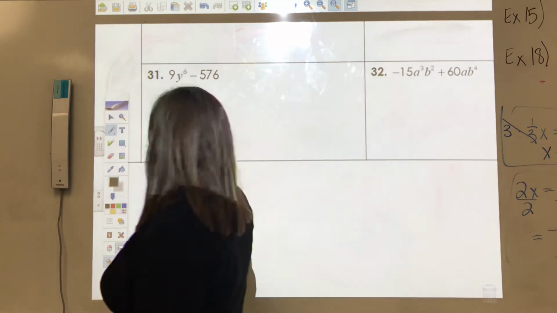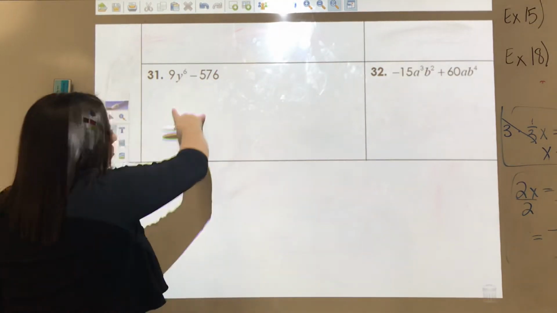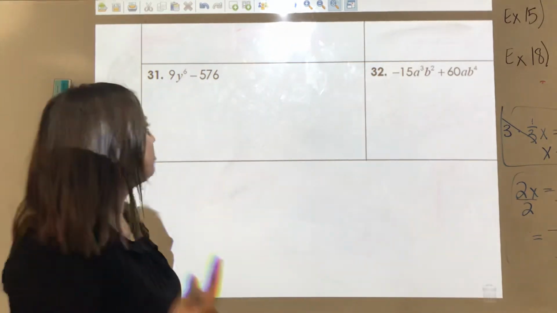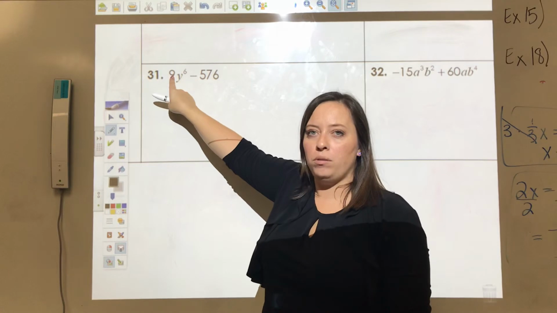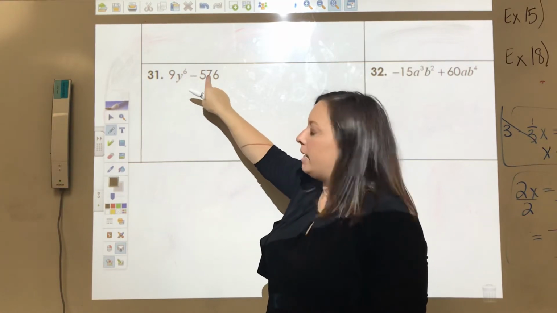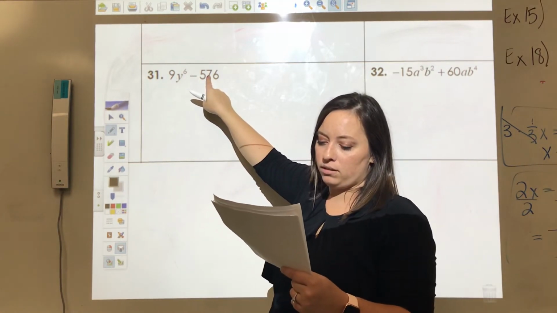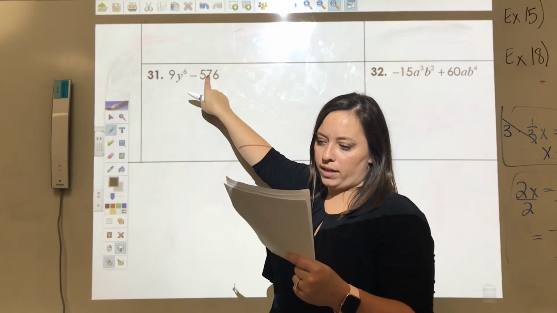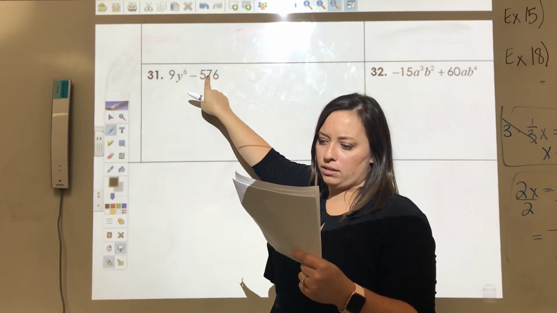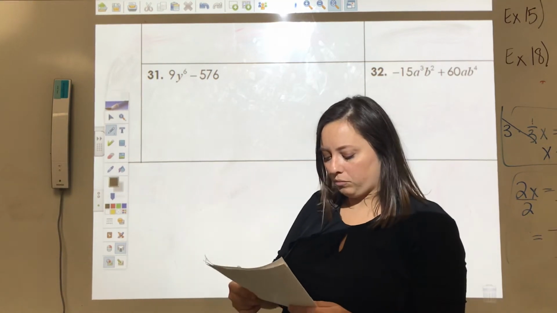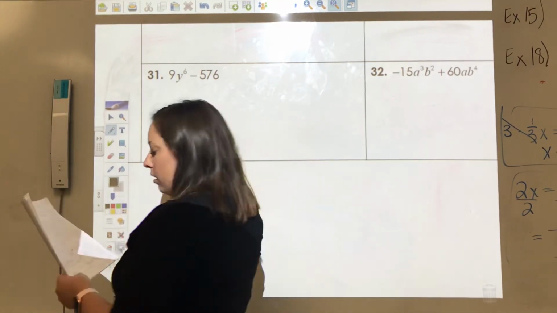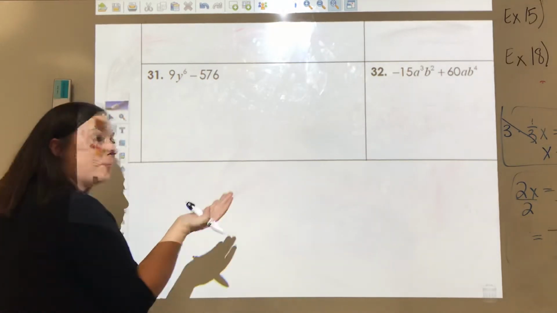Okay, last but not least, number 31. Once again, it's two terms. So it's either going to be difference of squares or difference of cubes. So let's look. Is 9 a square or a cube? It is a square. And 576 is also a square. So, oh, what did I forget to do? I forgot to check my GCF first.